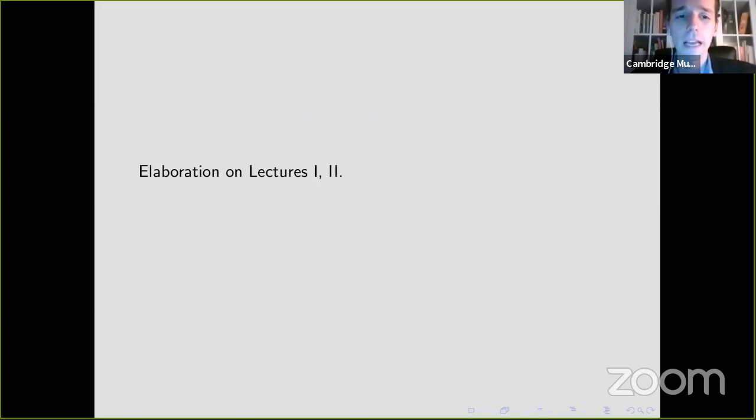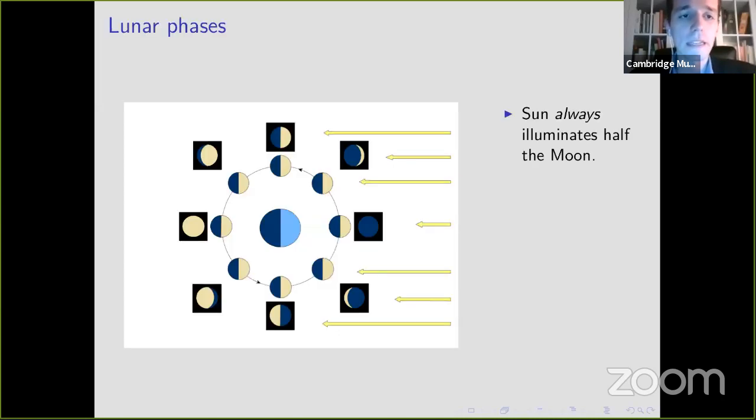I would first like to elaborate on lectures 1 and 2, beginning conveniently with the lunar phases. Quite topical. We note that the sun always illuminates half the moon.